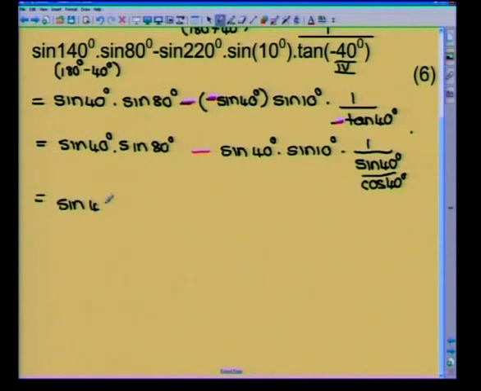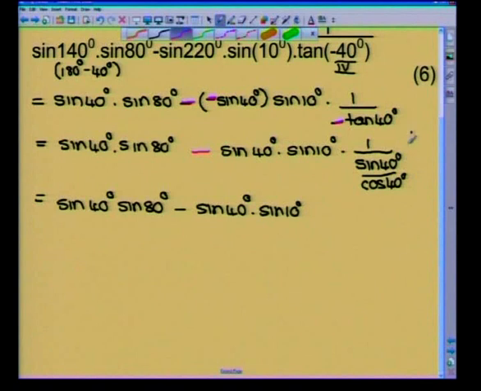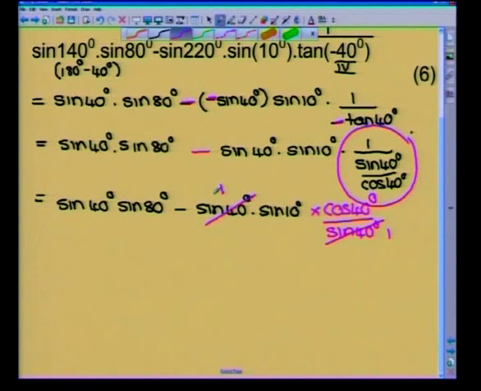So it's sine 40, sine 80, minus sine 40, sine 10 degrees. And the good news is this I can tip in times. I can say times cos 40 over sine 40. And that's good news because the sine 40s will divide out.